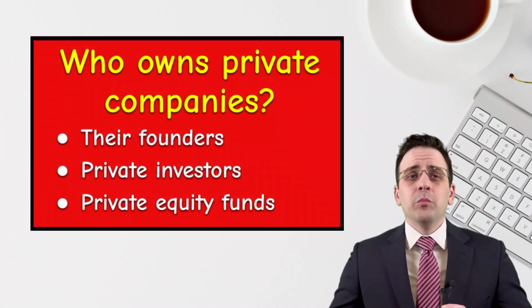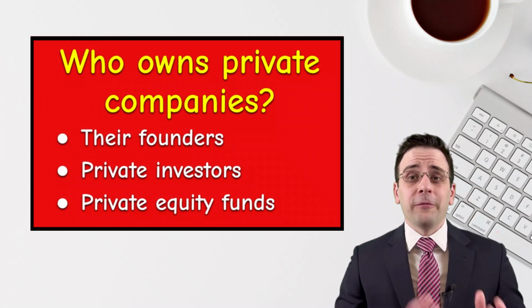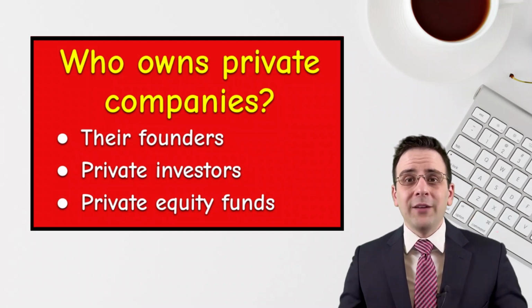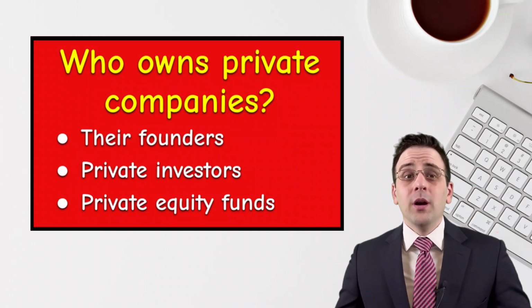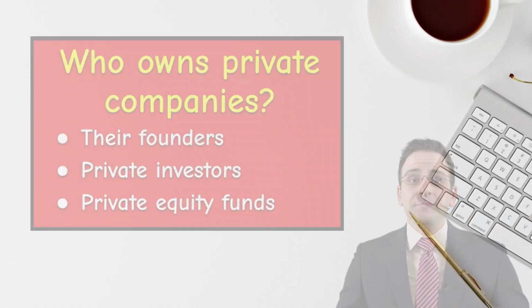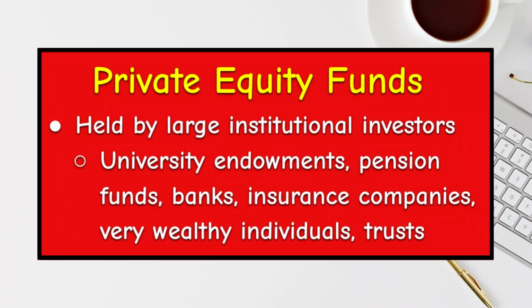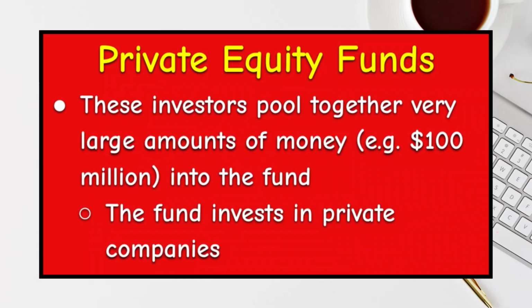Generally speaking, private companies are owned by their founders, individual private investors, and/or private equity funds. A private equity fund is a fund composed mainly of large institutional investors. Think university endowments, pension funds, banks, insurance companies, and very, very rich people who pool their money together into the fund.